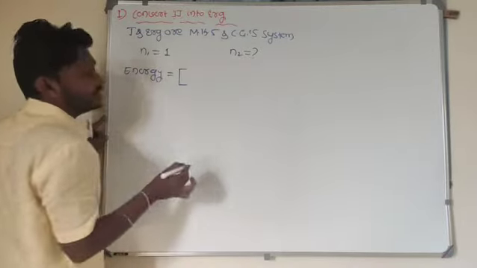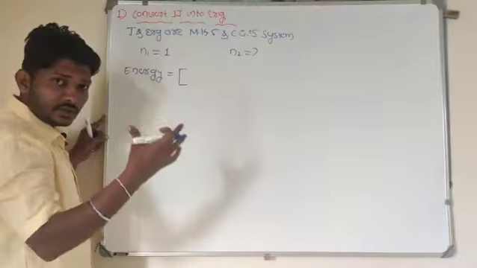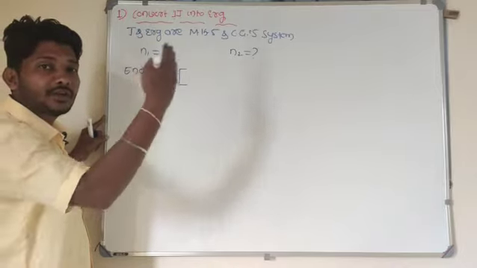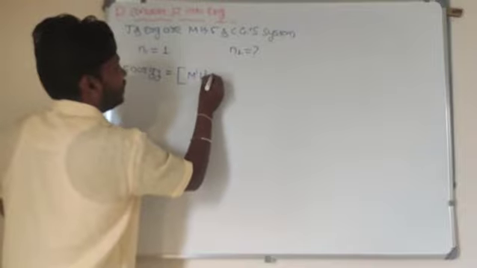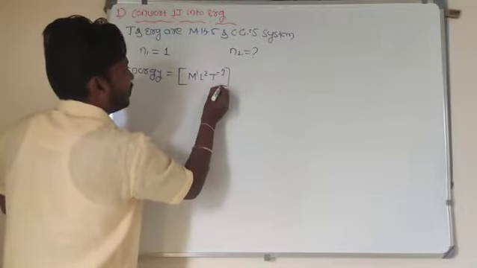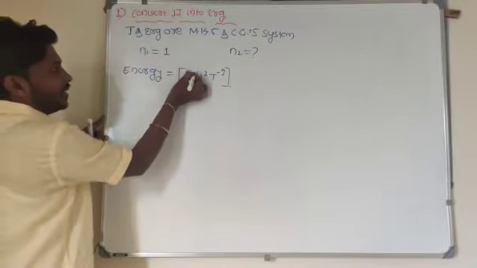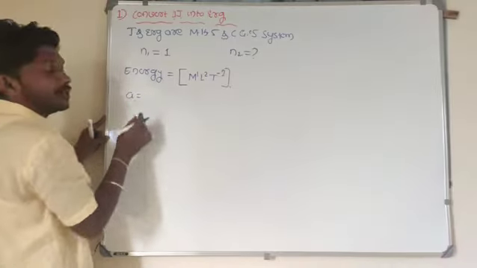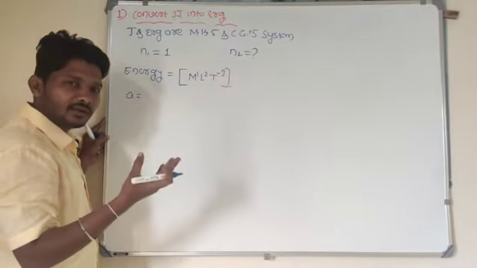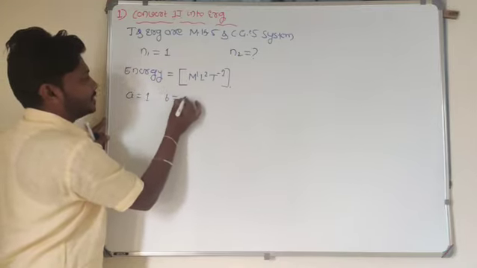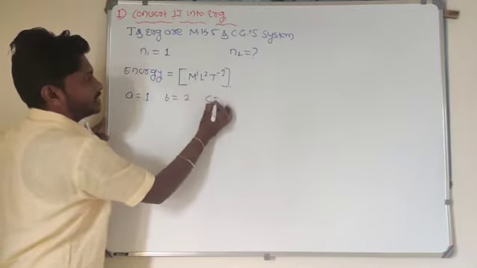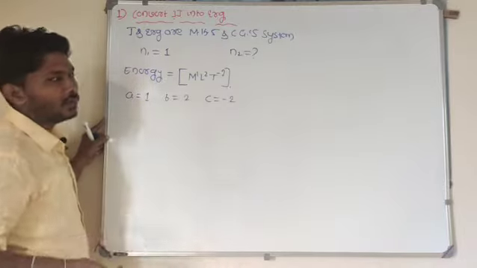Energy is nothing but capacity to do work. Work is equal to force into displacement, so that is M1 L2 T to the power of -2. Wherever it is there, M to the power of A, L to the power of B and T to the power of C I took. So A is equal to 1, B is equal to 2 and C is equal to -2. Hope you get it here.